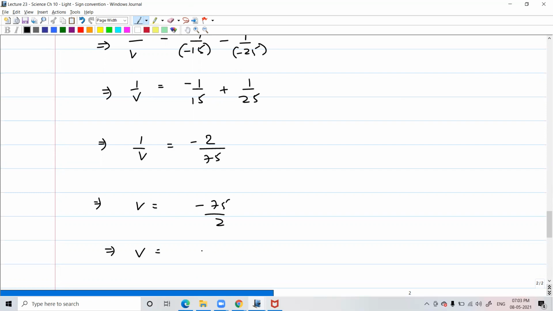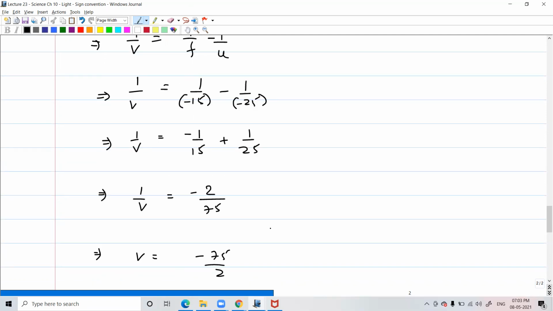Which you can see as minus 37.5. Is that correct? Yes, sir. So this is what we expected, right?